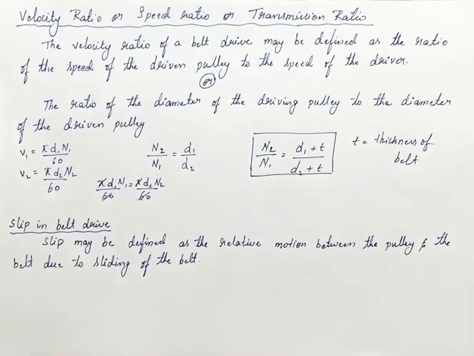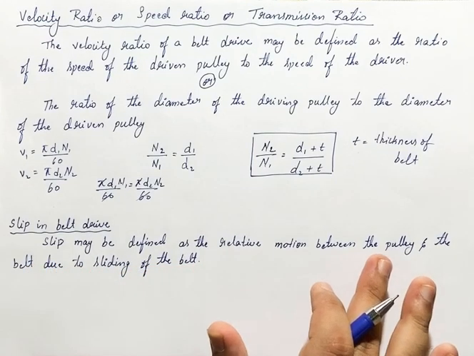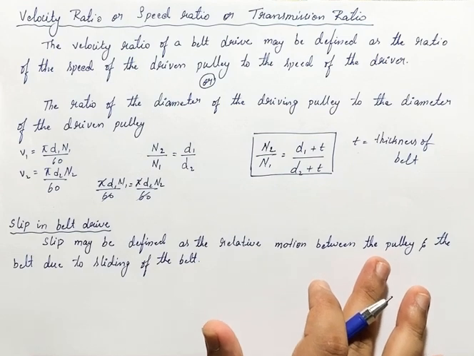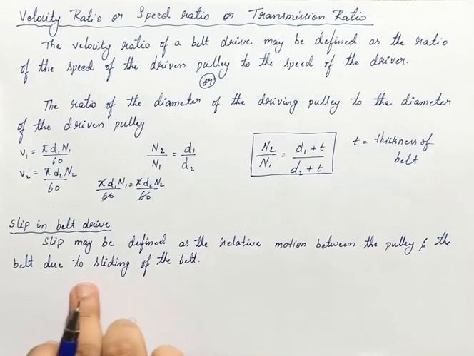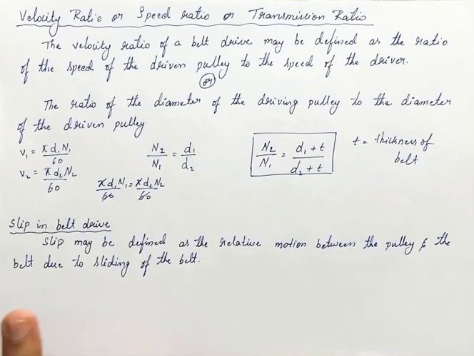Now coming to the slip. Now what is slip? Slip may be defined as the relative motion between the pulley and the belt due to sliding of the belt. Right. Sometimes in the driver pulley, or the driving pulley, the pulley will be rotating, but the belt will not move at the same velocity as that of the pulley here.